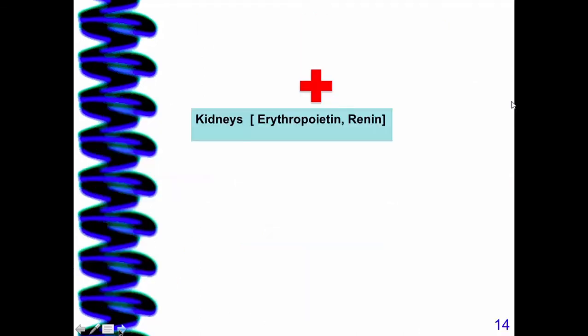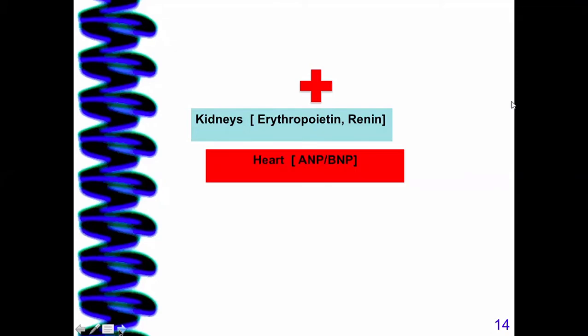And plus kidneys. There are also other organs na mayroong endocrine component. Just like kidneys, which have an endocrine function because they produce your erythropoietin and renin. And your heart. Do you know that your heart also has an endocrine component? Nowadays, bago lang ito, because it was discovered that it can produce ANP or BNP, your atrial natriuretic peptide and the BNP.